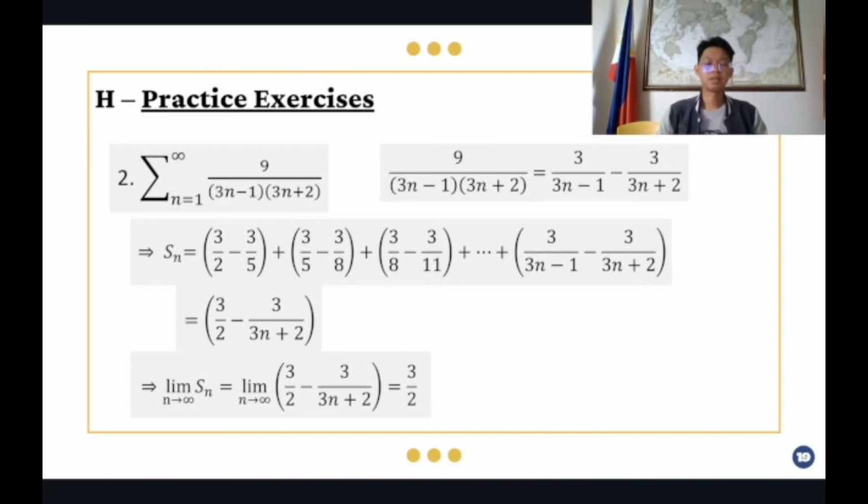Now the limit as n goes to infinity of sn equals the limit of 3 over 2 minus 3 over (3n plus 2), equal to 3 over 2.